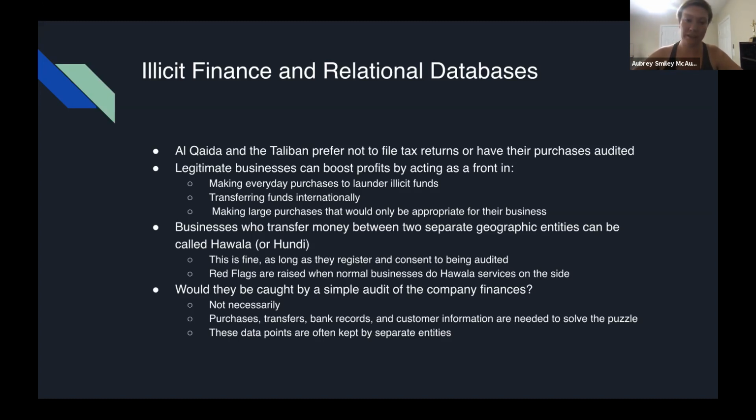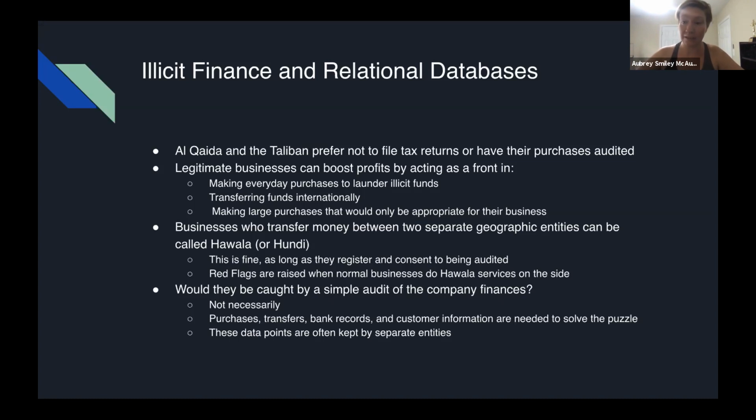Traditionally, Afghanistan, Tajikistan, and Uzbekistan are not great at financial auditing. So they prefer to put money, at least Tehrik-i-Taliban in Pakistan, the TTP, and Afghan Taliban prefer to put their money in hawalas, which are informal rather than central banking systems.